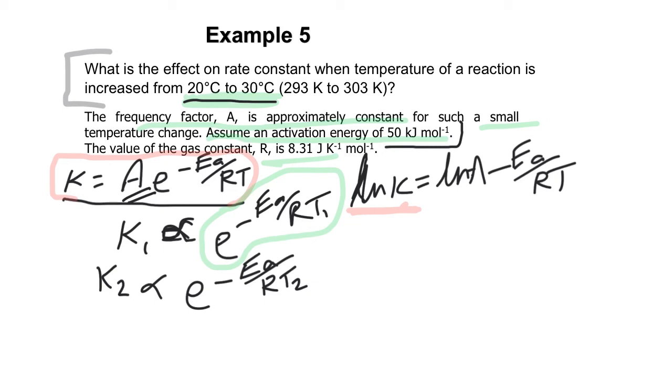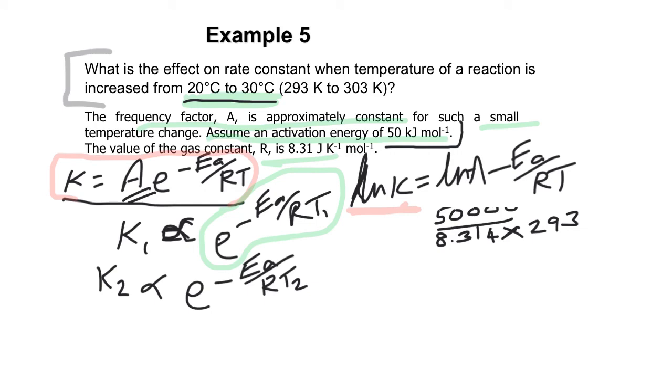We have to use joules to match with the units for R. So for temperature T1, which is 20 degrees, this would be e to the power minus 50,000, I've converted the kilojoules to joules, divided by R, which is 8.314, times the temperature, which has to be in Kelvin. So 293, 20 plus 273 gives you that 293.